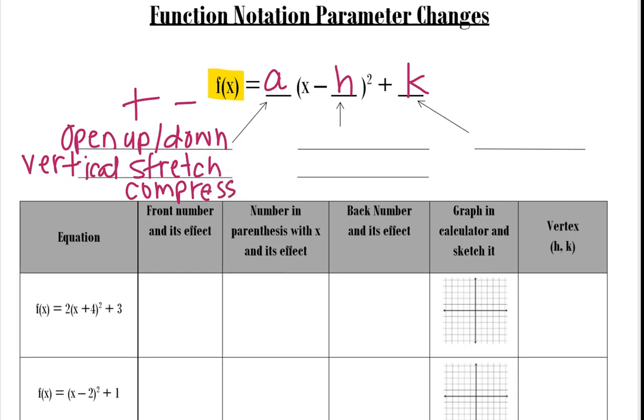It's going to be a vertical stretch if my a value, ignoring whether it's positive or negative, just looking at the number, is greater than 1. And if the a value, again ignoring whether it's positive or negative, is in between 0 and 1, it's going to be a vertical compression.